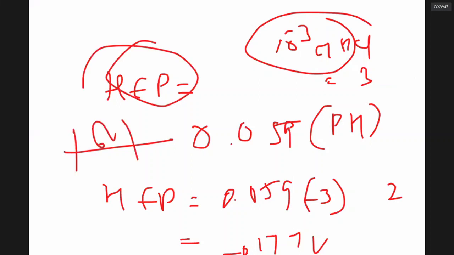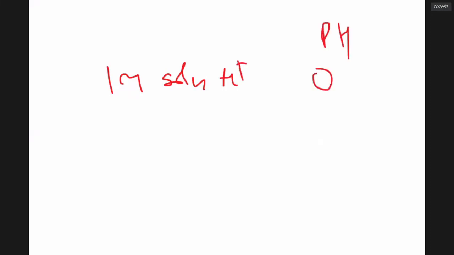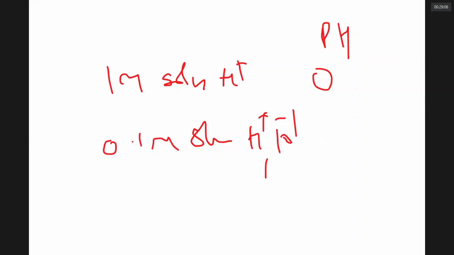I will make a table here if you have a doubt. For a 1 molar solution of H plus, pH is equal to 0. For a 0.1 molar solution of H plus, that is 10 to the power minus 1, pH is 1.